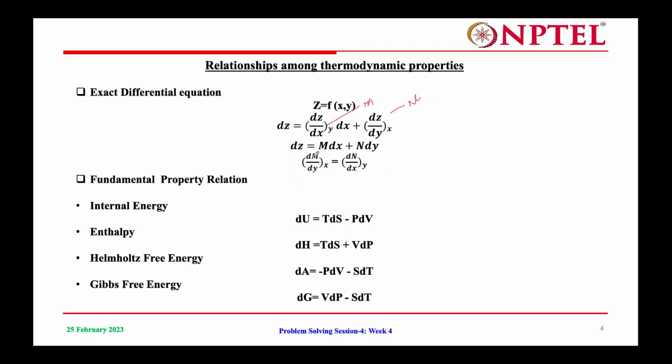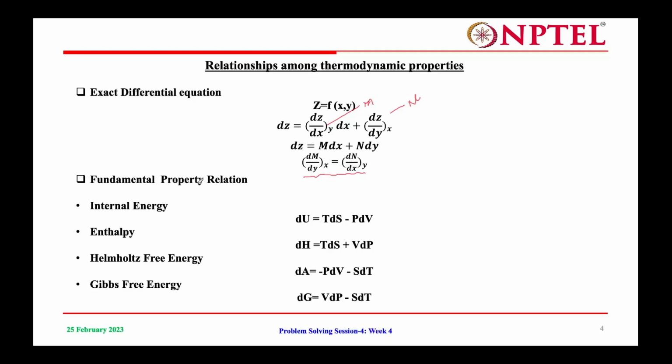Now you can write the partial derivative of M with respect to y at constant x equal to the partial derivative of N with respect to x at constant y. This exact differential equation will be helpful to understand the relations between the thermodynamic properties.